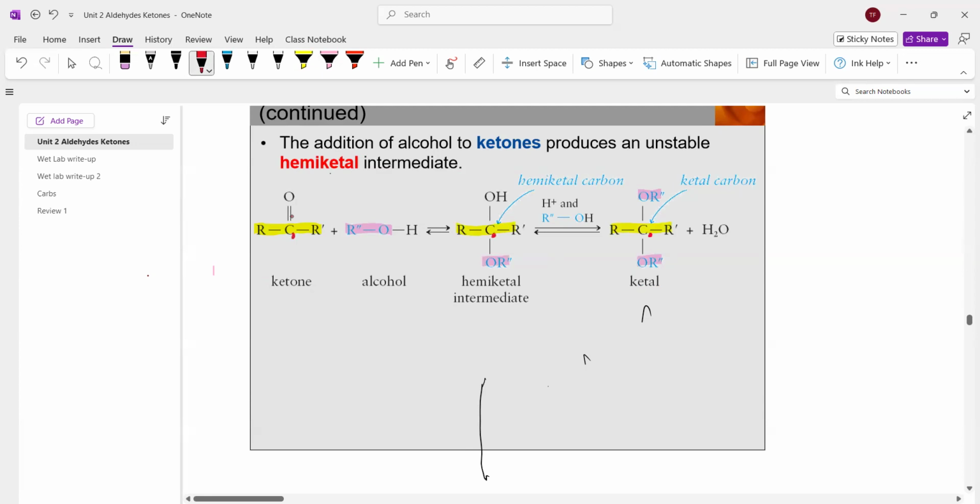Now notice this uses R and R prime. What they're saying there is the R prime is different than the R. It's something else. Sometimes they have double prime also. Yep, R prime, R double prime. Okay.